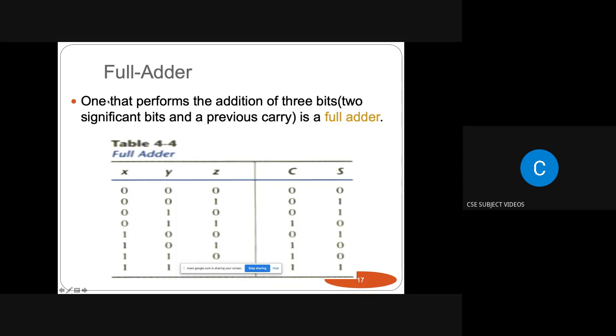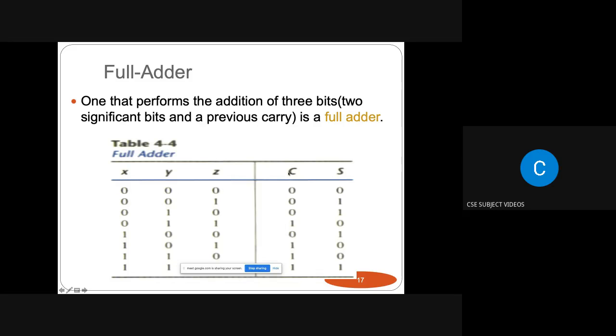A full adder is one that performs the addition of 3 bits. There are 2 significant bits and a previous carry. So it takes 3 inputs. 3 inputs means the number of rows in the truth table will be 8 and the combination of values will be from 0 to 7.